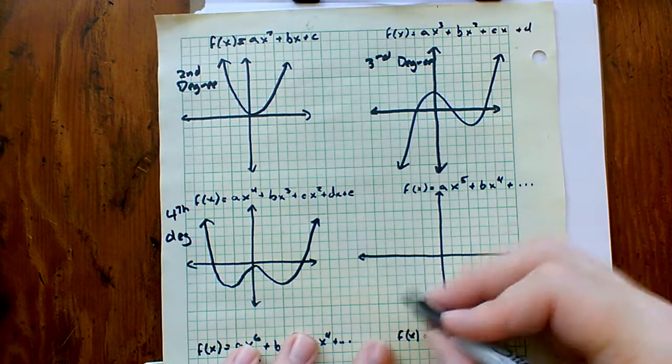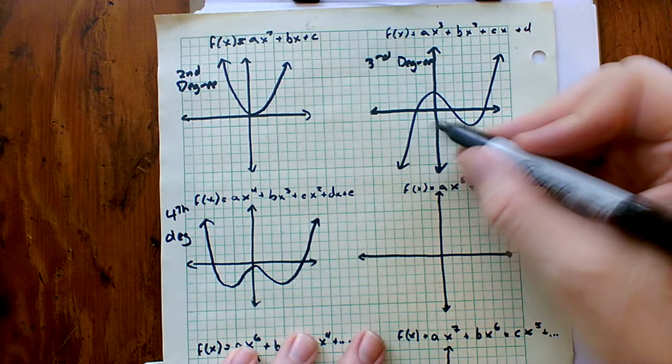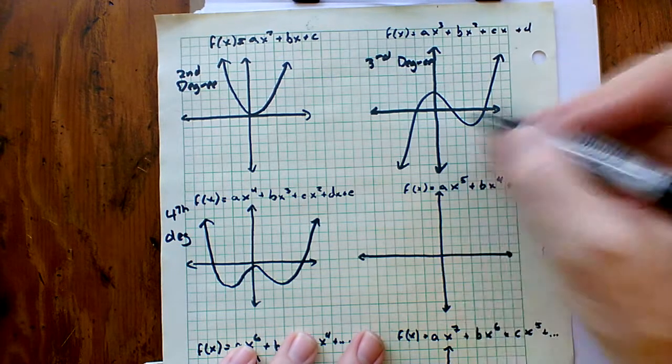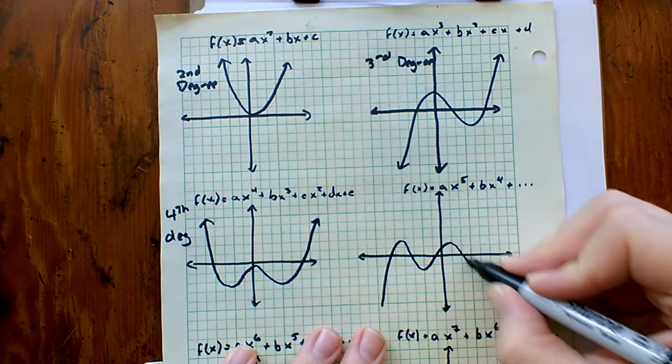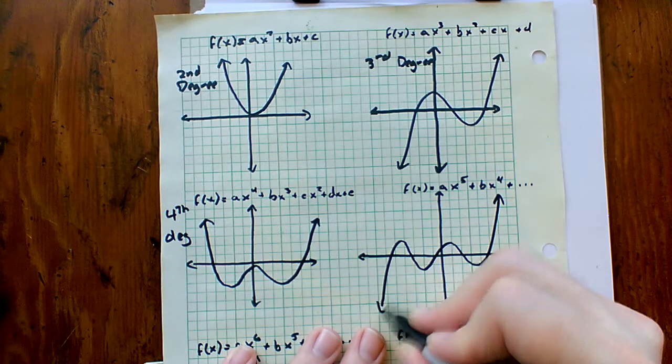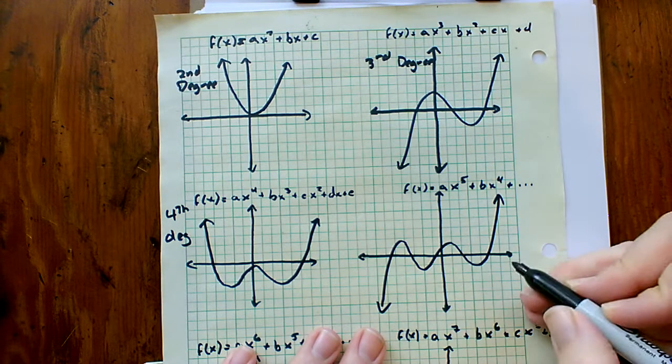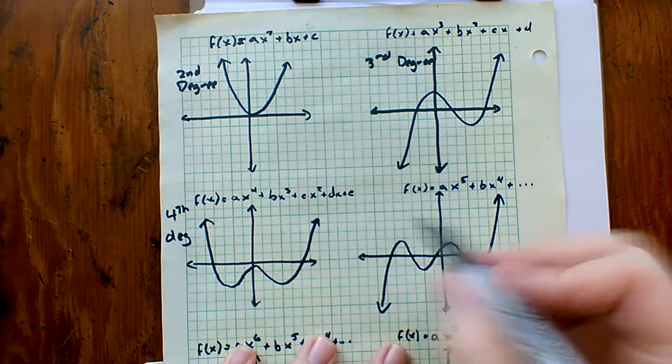A fifth degree will look a little bit like my cubic, only I can have another extra bump in here. So this is a fifth degree.